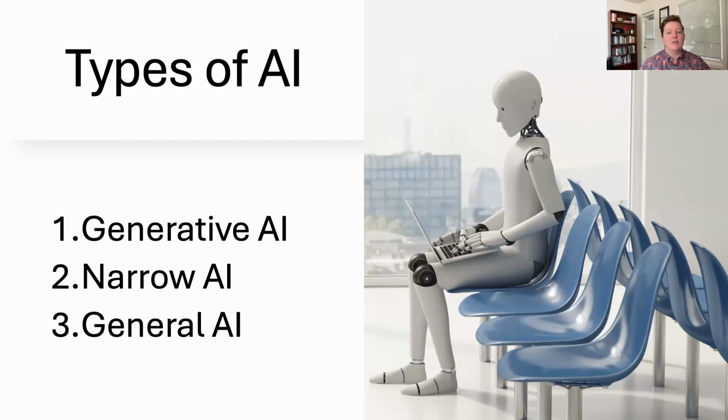It's this theoretical ability to perform any kind of intellectual task that a human can do. So it's like a true intelligent AI. And it doesn't exist that we all know of yet in society. So what we're really going to be speaking about generally or mostly is this generative AI.